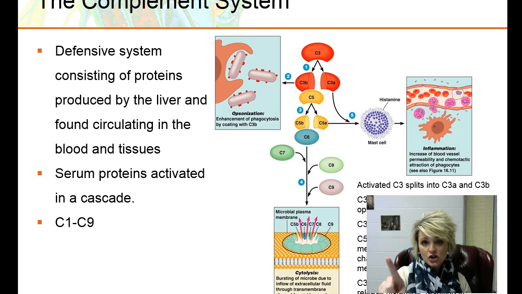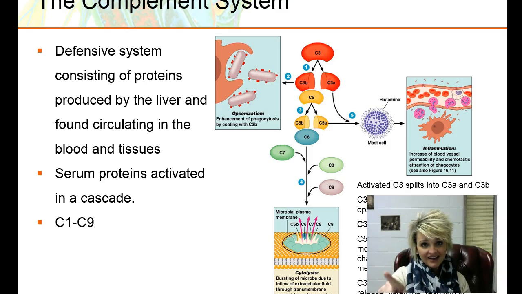I'm going to first talk about the most important complement that we have. Complements are listed in numbers. So we have C1, complement 1, C2, complement 2, all the way through C9. The most important one out of those is C3. C3 is vital when it comes to complement.